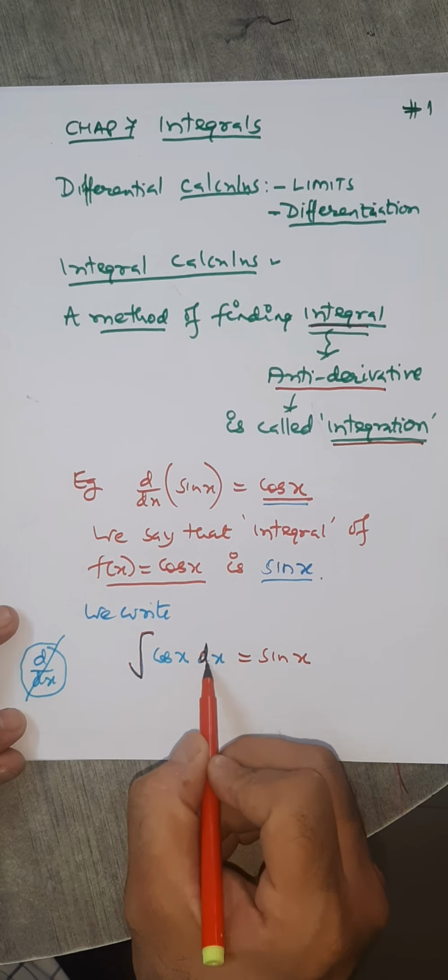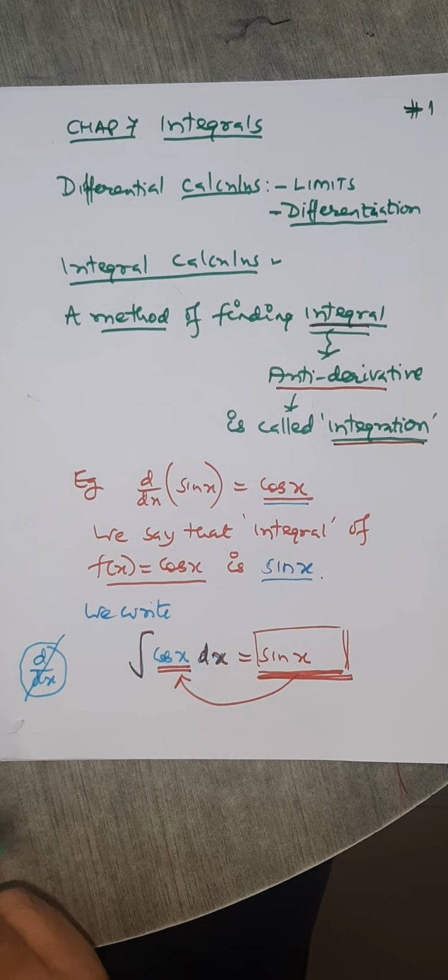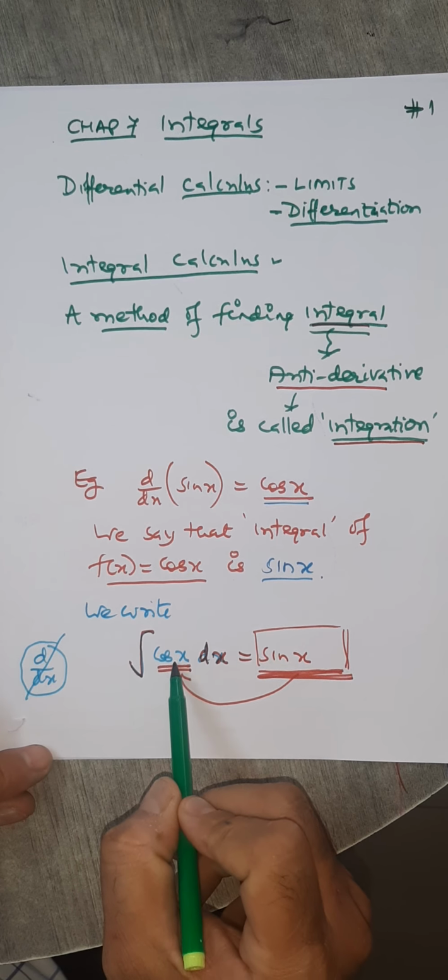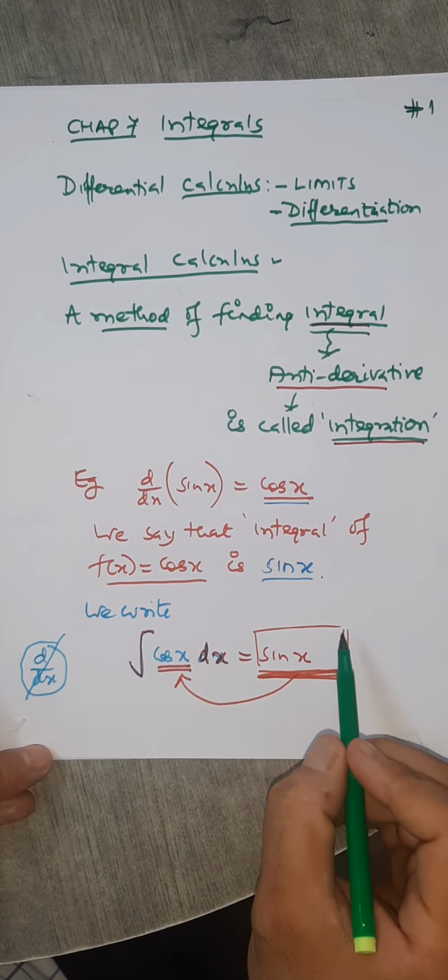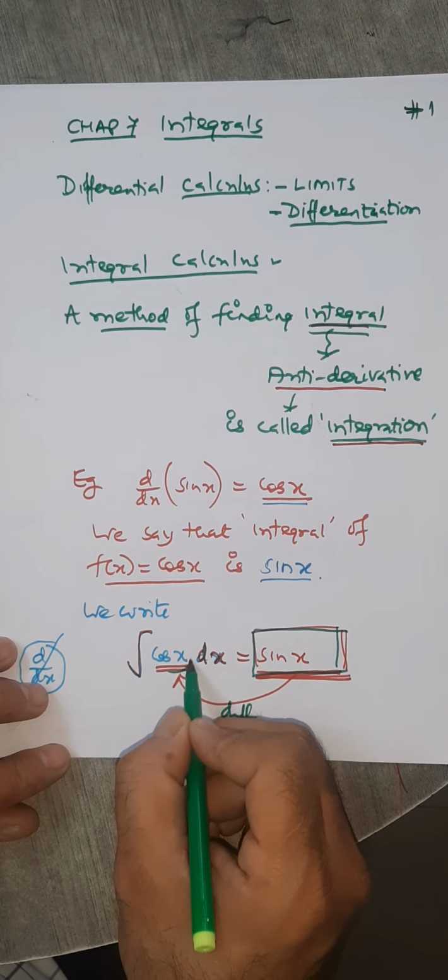Integral of cos is sine means that if I differentiate this function, this is basically the definition, I must get this. I repeat, when I say that the integral of cos equals sin x, it means if I differentiate sin x, I must get the cos x function.